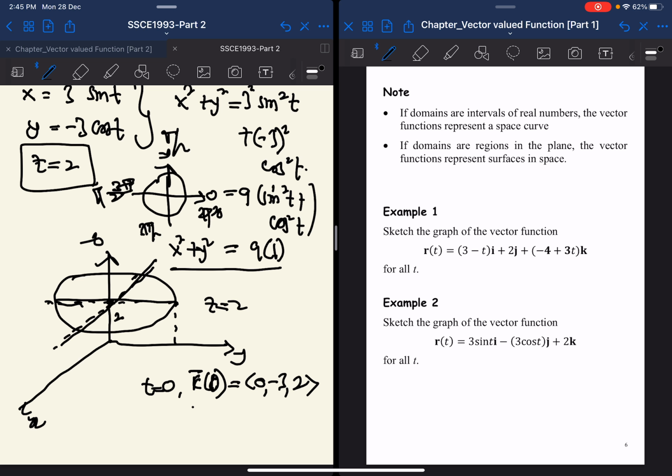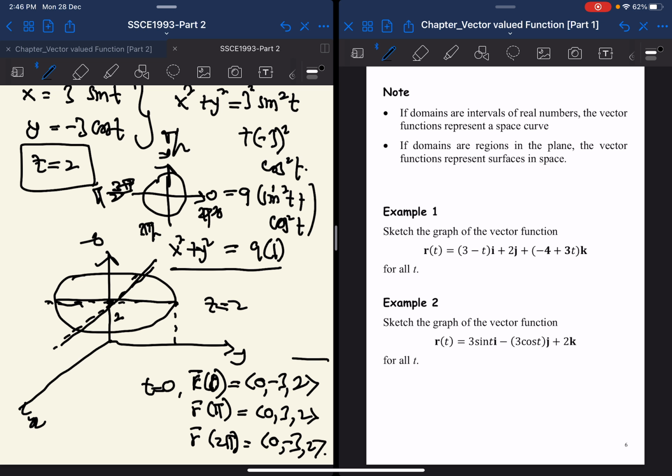What if we choose r at the position for pi? Here you will get 0, 3, 2. And the last one, if we choose 2 pi, you will get 0, negative 3, 2.